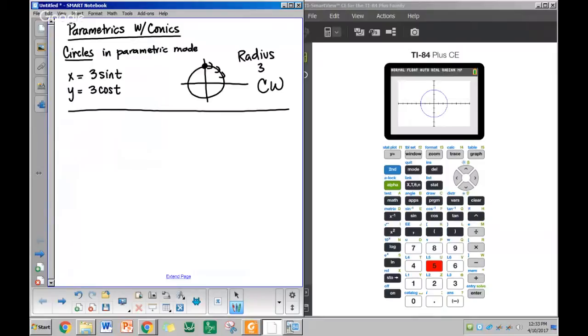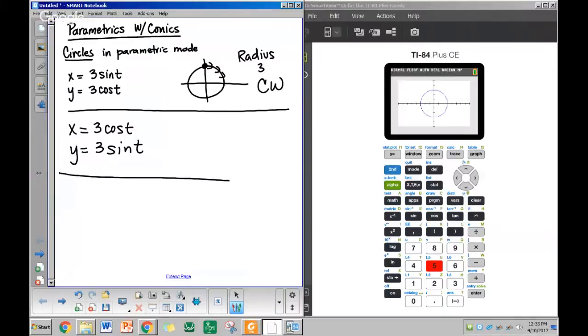Now, as you saw on your handout before lunch, you could get the same graph with different parametric equations. Did you notice that? You're getting the same circle, but different motion. So let's try another one. Let's switch the cosine and the sine: x equals 3 cosine of t and y equals 3 sine of t.